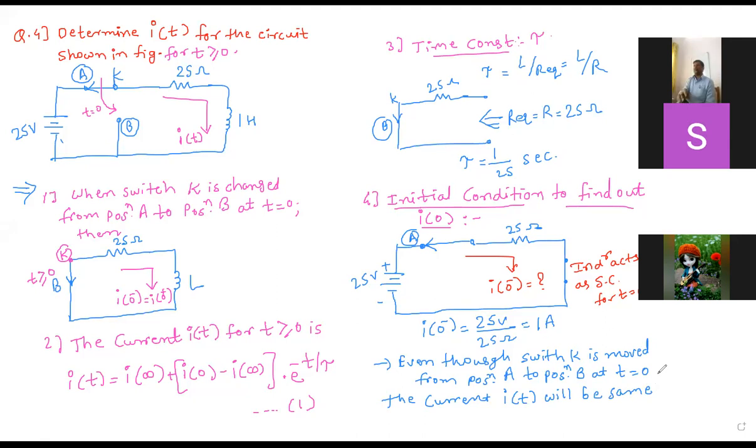Because inductor does not allow the sudden change in current. That is I of 0 plus is same as I of 0 minus, that is equal to, here it is 1 ampere. So that remains as 1 ampere because inductor does not allow the sudden change in current.